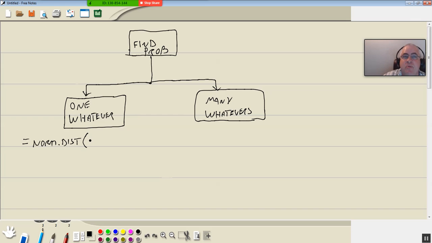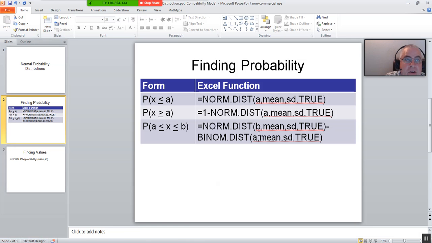It applies across the board though. We have your A, we have our mean, we have our standard deviation, and then true. That's just what we had over here.